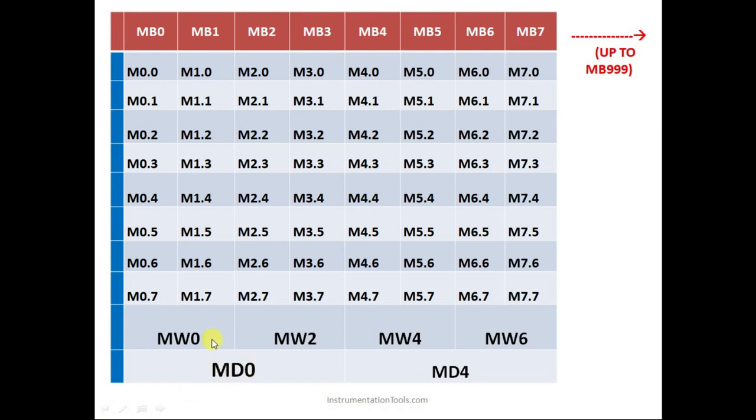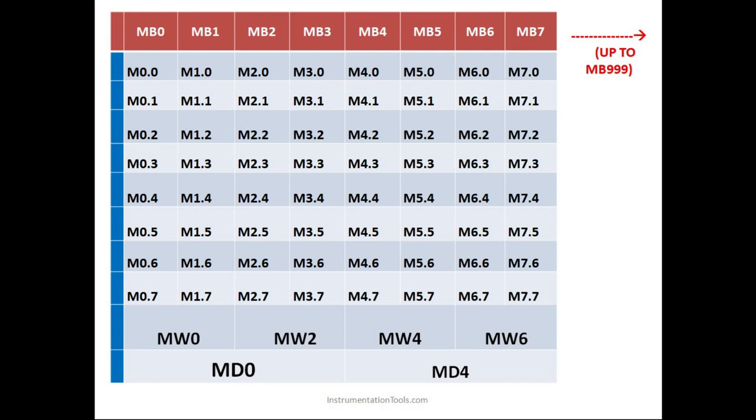MD0 is 2 to the power 32 at maximum. If you take the case in which both positive and negative values are considered, then we have minus 2147483648 to plus 2147483647. In this way we are addressing the memory double word. So while addressing values more than 32767, we will be using MD0, basically the memory double word.